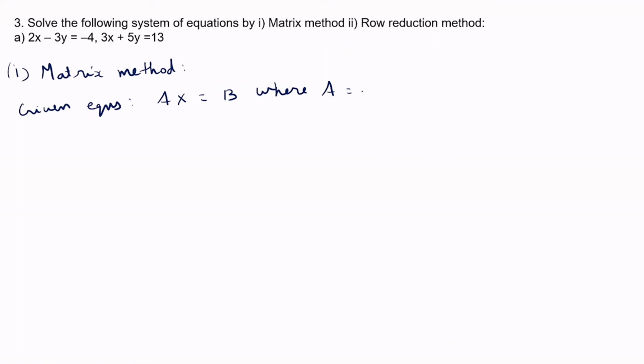So A is equal to 2 minus 3, 3, 5. X is the variable matrix and B is the constant matrix.